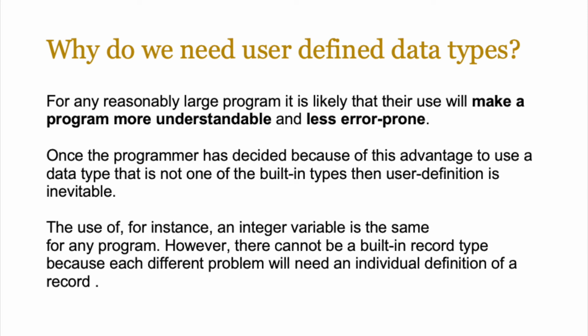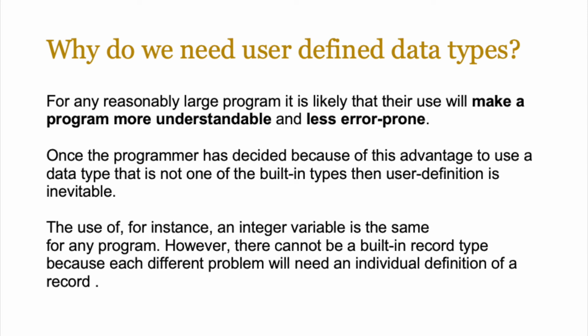Whenever you want to model something in the real world, you might need to use a combination of base or primitive data types like real, integer, string, boolean, and so forth to create the model that you want to create of the real world. So the use of, for example, an integer variable is the same for any program.